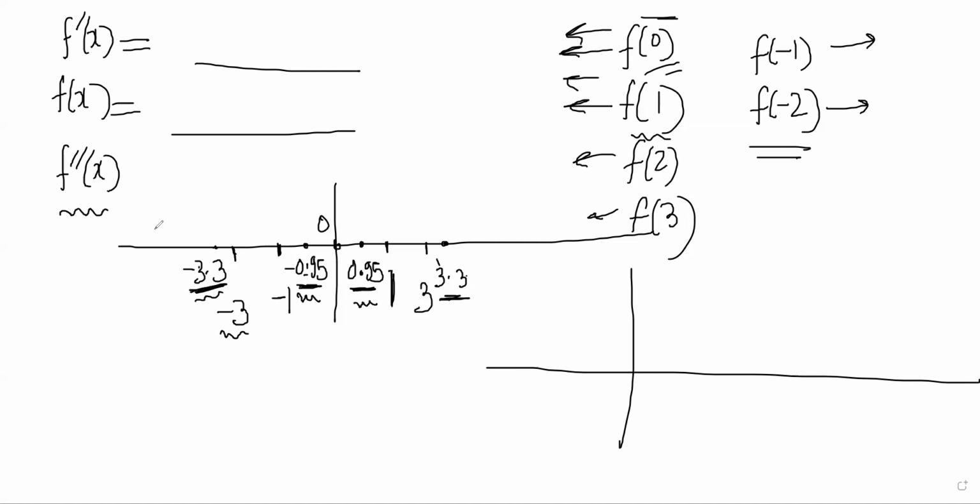Actually, I directly wrote the derivative in my notebook. Function is x power 5 minus 20x cube plus 50x plus 2. When you know the derivative, why can't you get the function? I didn't remember the function.